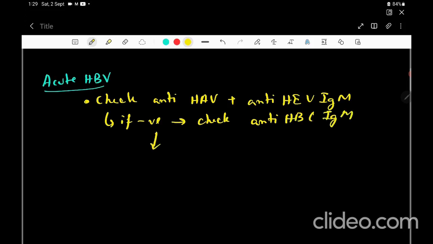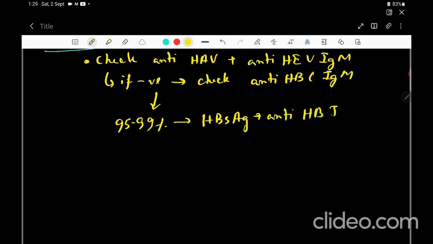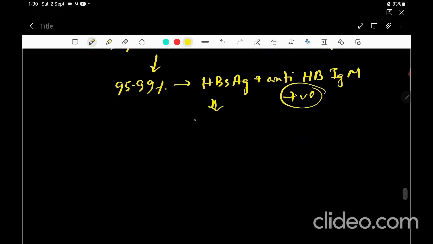Now in most of the cases, in 95 to 99% of the cases, you will find that the HBsAg and anti-HBc IgM are positive. These are positive. So you confirm acute hepatitis B.